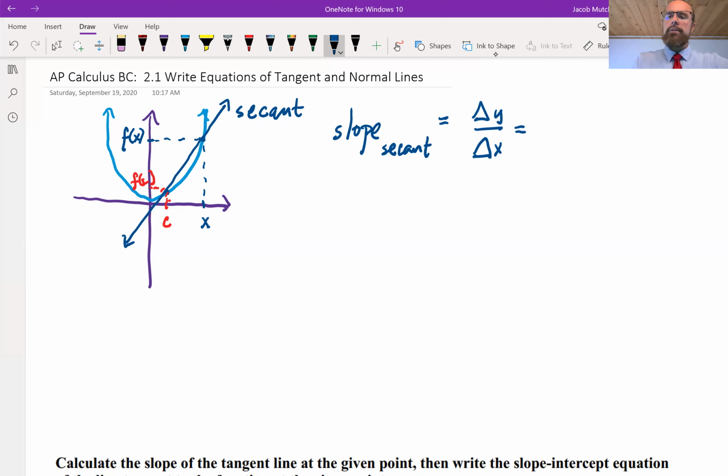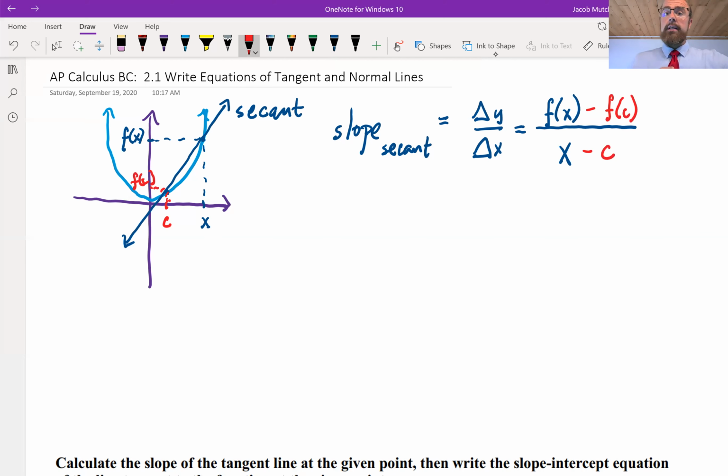And then specifically here for us, it's going to be f at x, which is the y value of the upper point, minus f at c, which is the y value of that lower left-hand point, over x minus c, and that would be the change horizontally. So we know just from the basis of how we define slope in algebra 1 that that would give us the slope of the secant line.